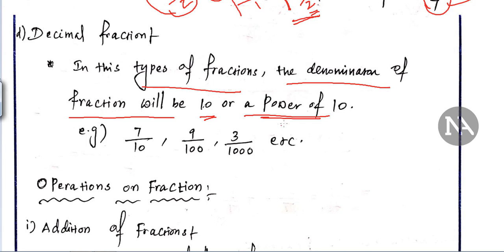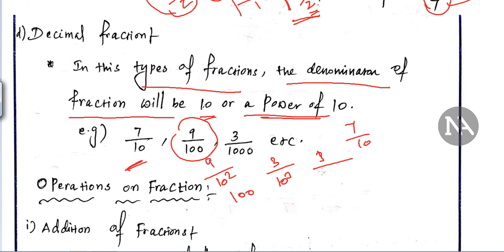That is 7/10. Here it is 7/10, and 9 divided by 100, that is 9 divided by 10 power 2. 10 power 2 means 100. 3 divided by 10 power 3, that is 3 divided by 1000.